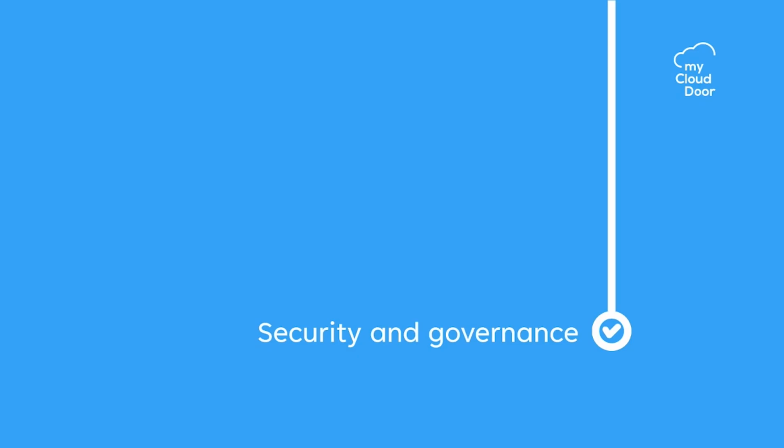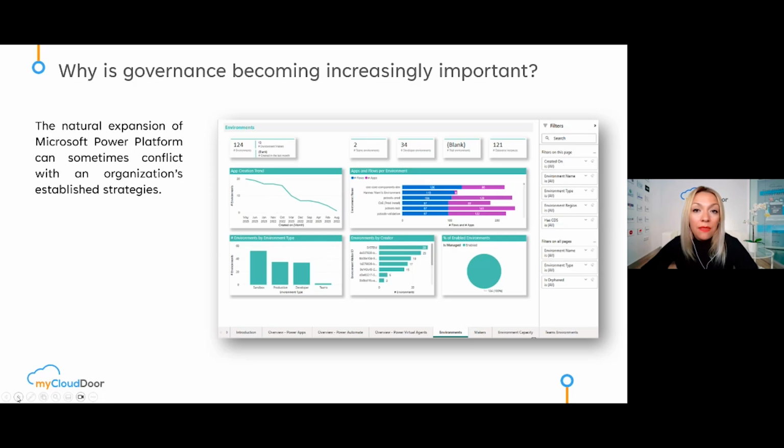After looking at all the possibilities before us, it's very important to think about governance. The natural expansion of Microsoft Power Platform can sometimes conflict with an organization's strategies, and it is necessary to stabilize governance to allow us to know what and how it is being used.